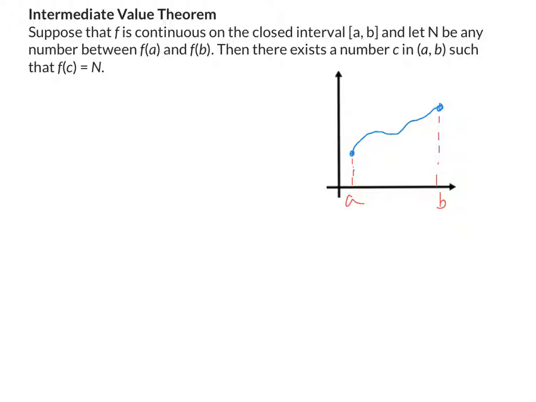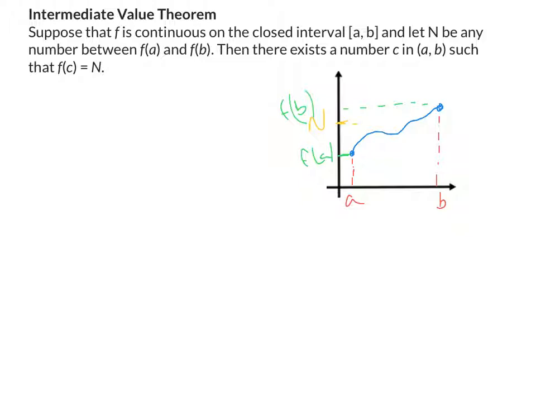Now up here on our y-axis, this is our value f of a, and up here this is our value f of b. So that's the setup of this. What the intermediate value theorem is saying is that we're going to have some number n, and I'll say that n is sitting right here, because it has to be between f of a and f of b.